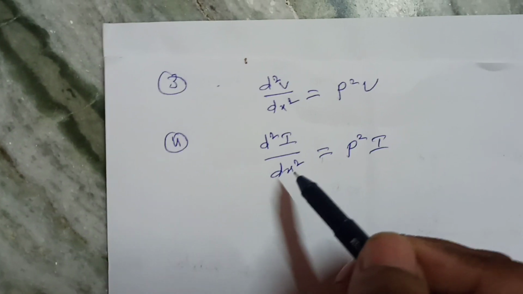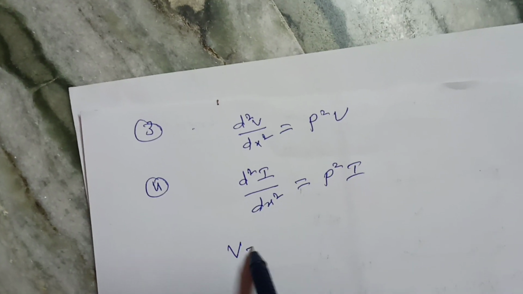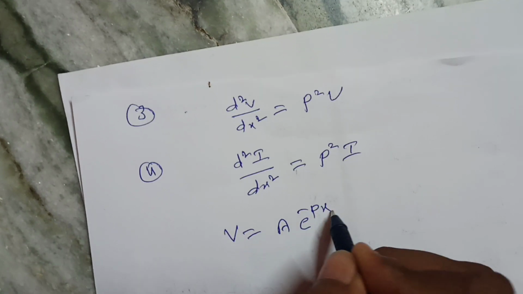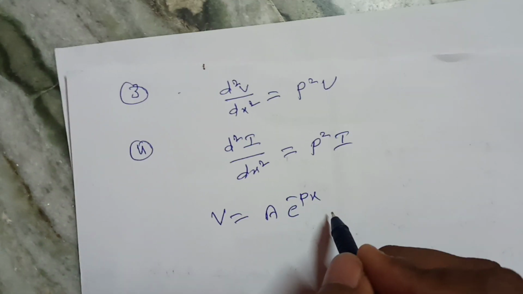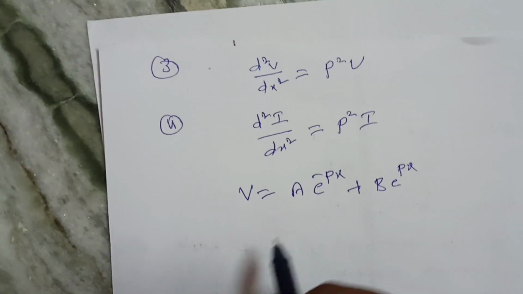These two equations are differential equations. For these two differential equations, the solutions are v is equal to a into exponential minus px plus b into exponential px.